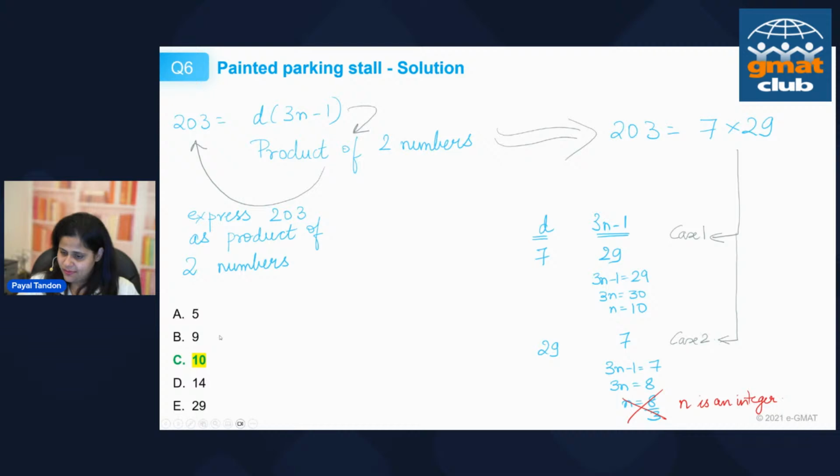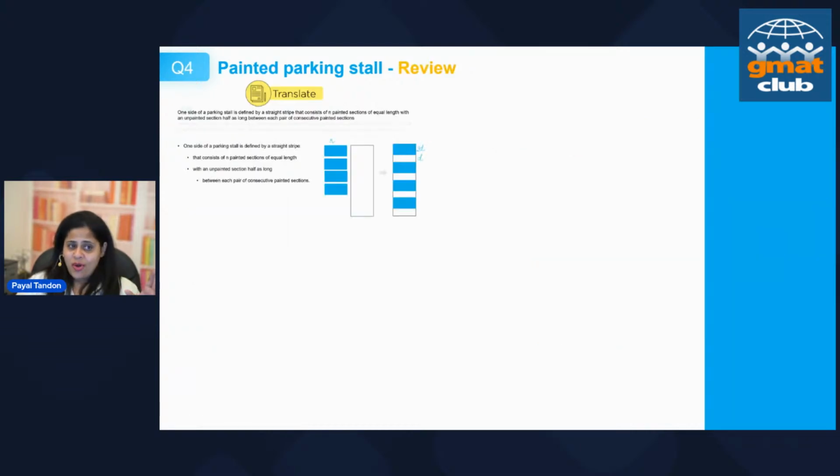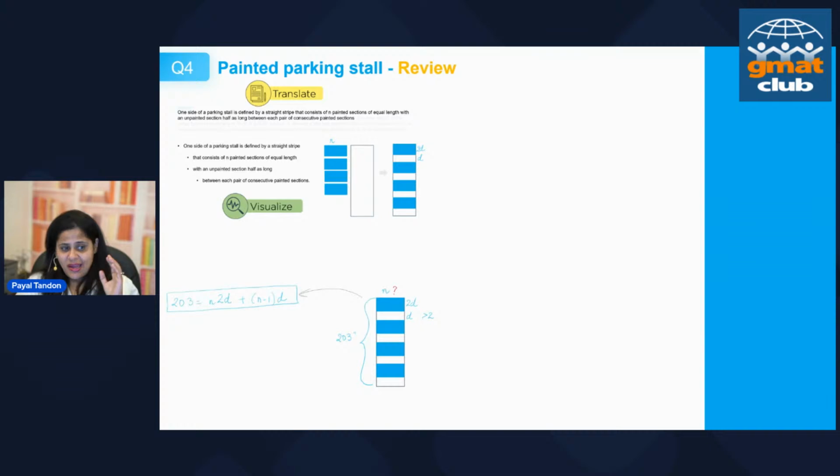So again, overall, translation and visualization are two very important process skills that we've been seeing across arithmetic and word problems. Number two, you translate the visualized figure into a mathematical equation. Very critical again.